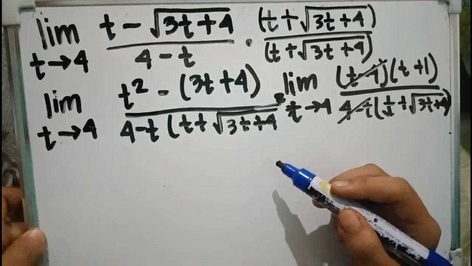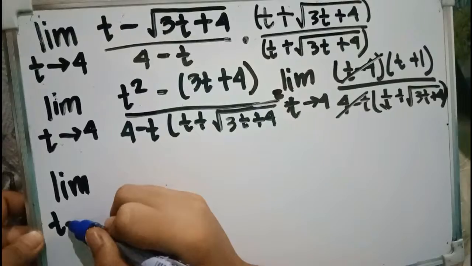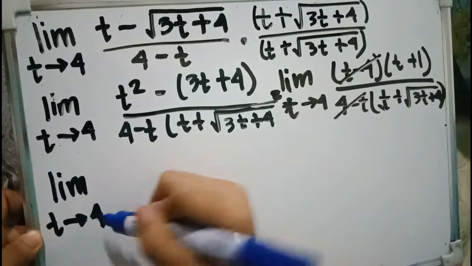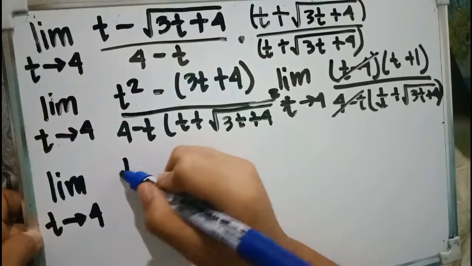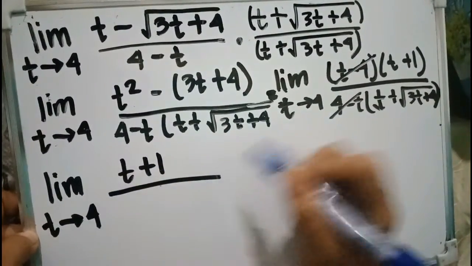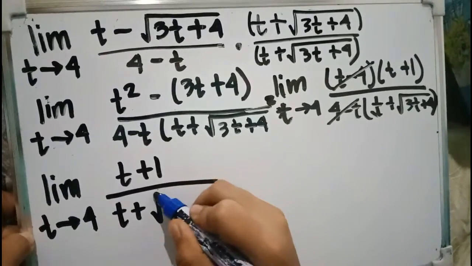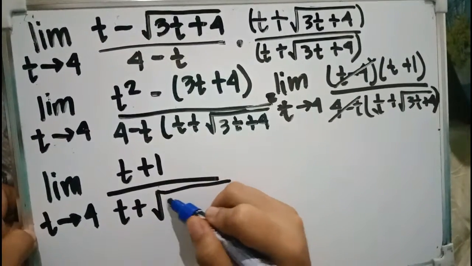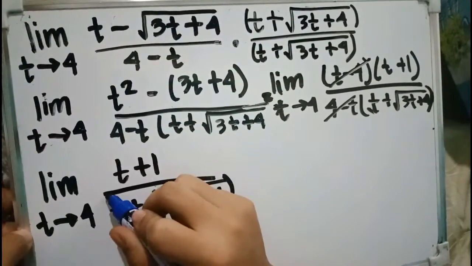Of course, we need to rewrite what is left, right? So what is left in the numerator is t plus 1, and the denominator is t plus the square root of 3t plus 4.